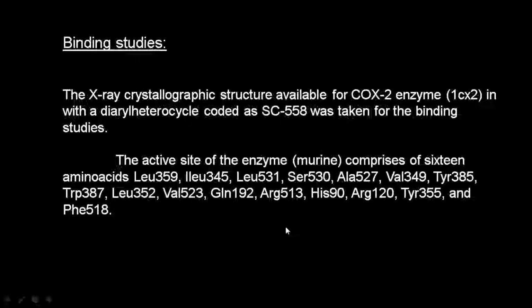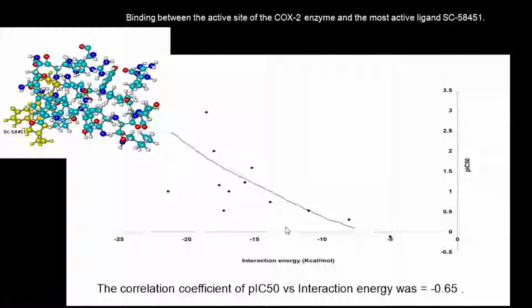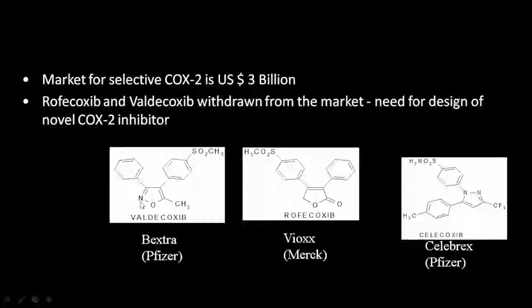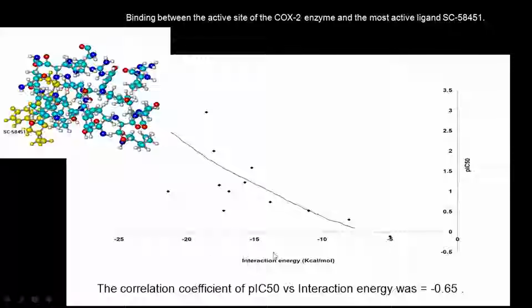When we do binding of each of these molecules, there are almost 12 molecules which we have selected, some known to be selective and some not so selective, but we know their activity, that is the IC50. We get the binding energy or interaction energies using AutoDock for these 12 molecules, and here we plot their activity.